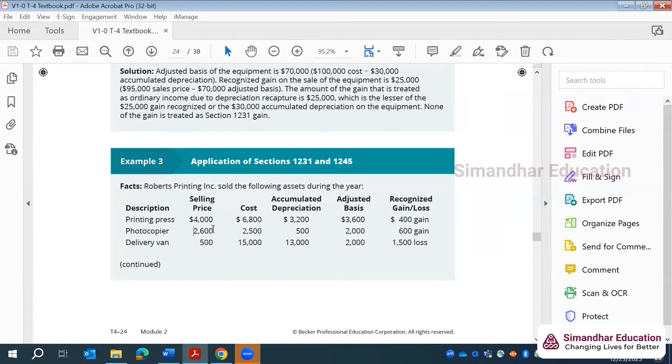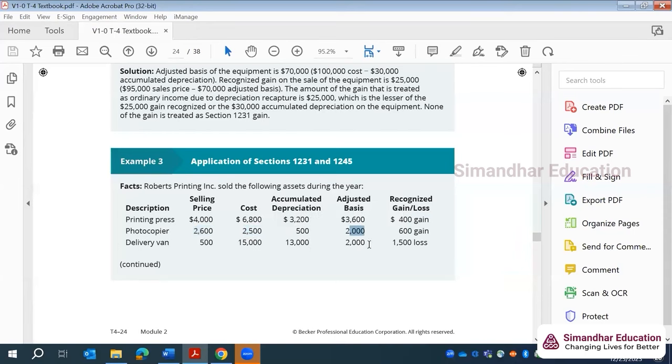The photocopier selling price is 2,600, cost is 2,500, accumulated depreciation is 500, adjusted basis is 2,000. Now, am I selling this photocopier over and above my cost price? The answer to that is yes. How much is it over and above my cost? $100.